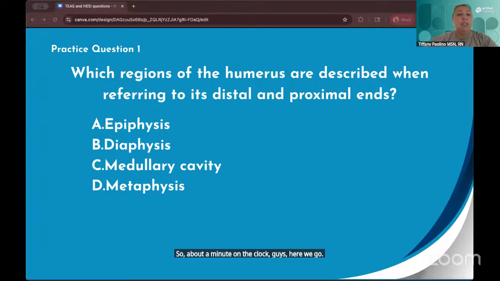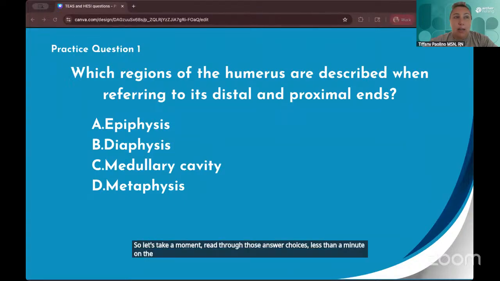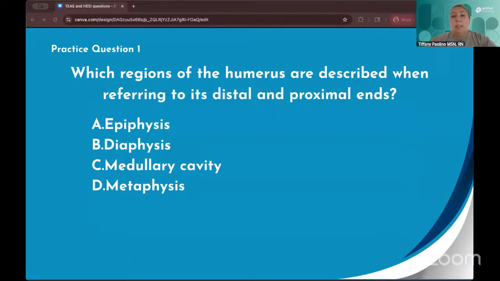Which regions of the humerus are described when referring to its distal and proximal ends? Distal and proximal ends. Take a moment, read through those answer choices, less than a minute on the clock. Type in the chat if you know, or in the comment section. Any ideas?